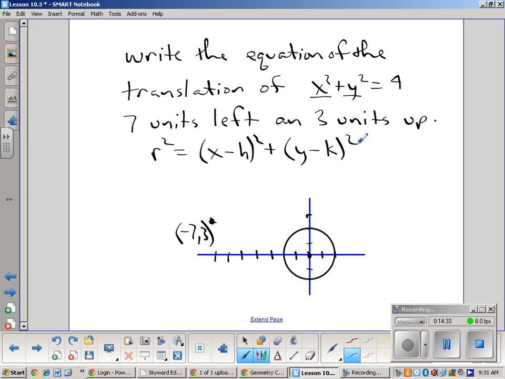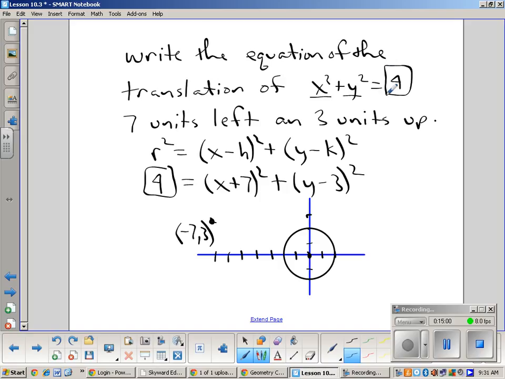So this becomes x plus 7 squared, and my 3 goes y minus 3. And what goes out here? 4 or 4 squared? 4, because that's already r squared.